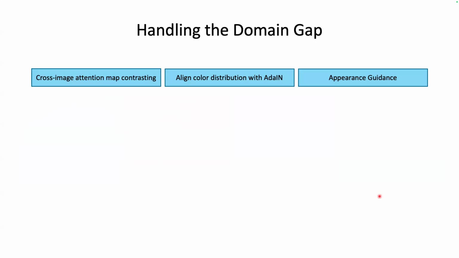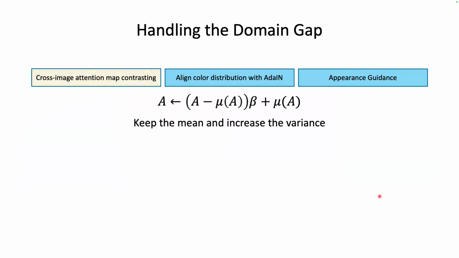I'm not going to spend too much time on it, because I think the main ideas that are important here are, first of all, to see these semantic correspondences that we can get by looking at the cross-image attention maps, and to understand that there is the domain gap. These specific techniques are not too interesting. But still, let me explain them briefly.